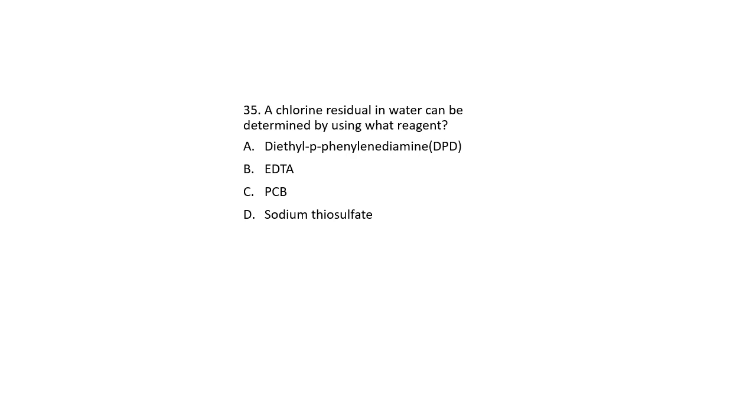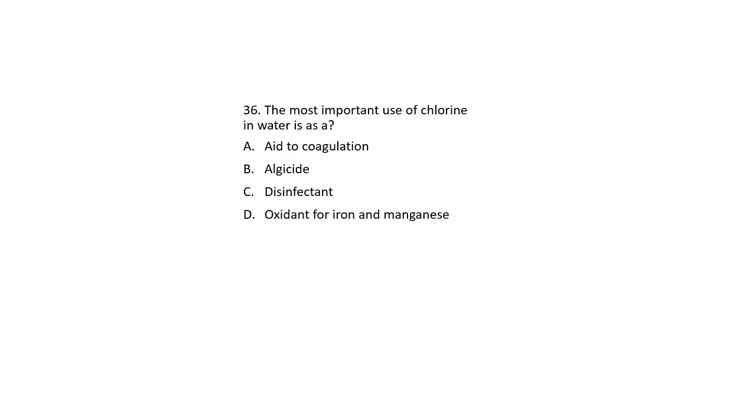PCB, what I've found, is polychlorinated biphenyls, and apparently they're a group of man-made chemicals and contaminants that the EPA banned in the 70s. Apparently it still shows up in wells. And sodium thiosulfate is to neutralize or dechlorinate, what's in bacti bottles.